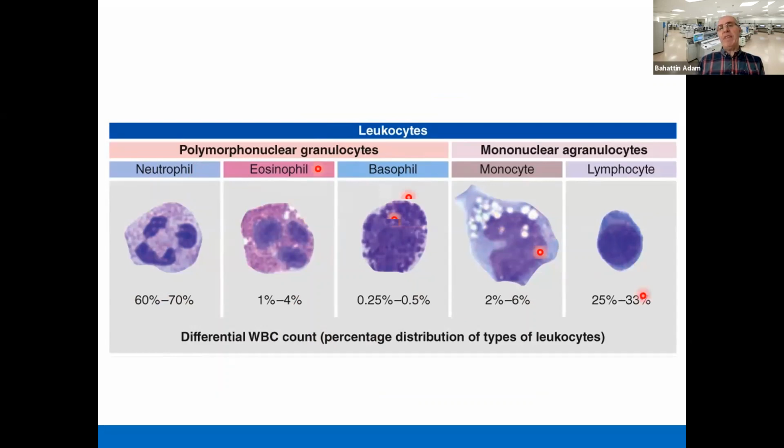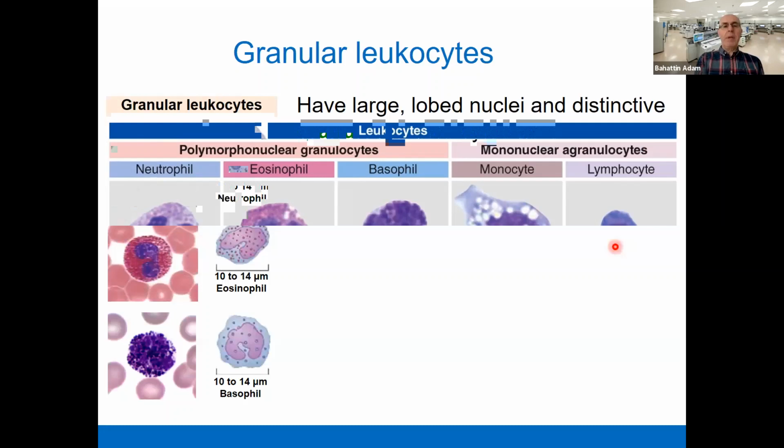Monocytes and lymphocytes are mononuclear agranulocytes. There is no granule in their cytoplasm, and they include only one nucleus. Now let's talk about the function of each white blood cell.